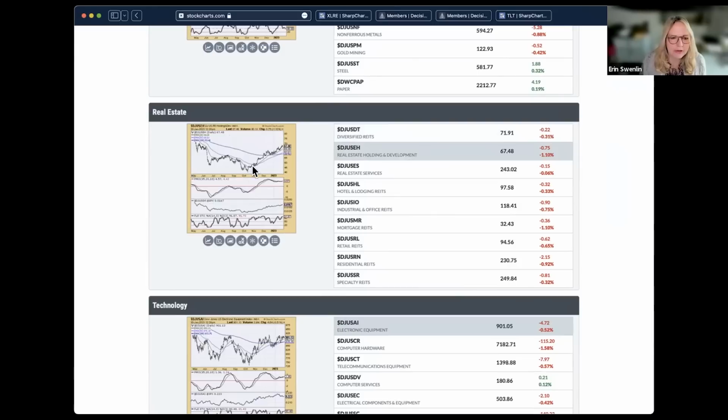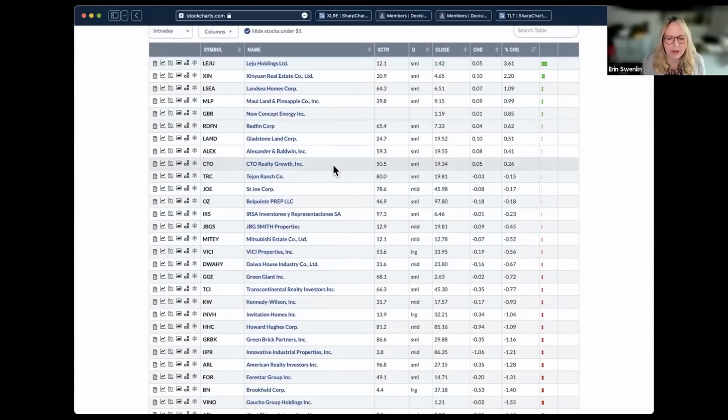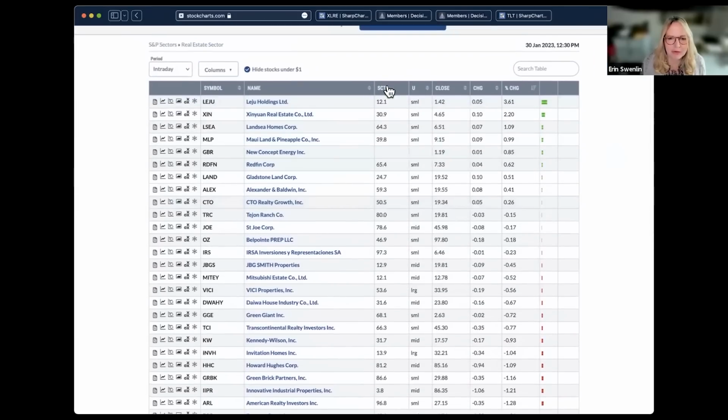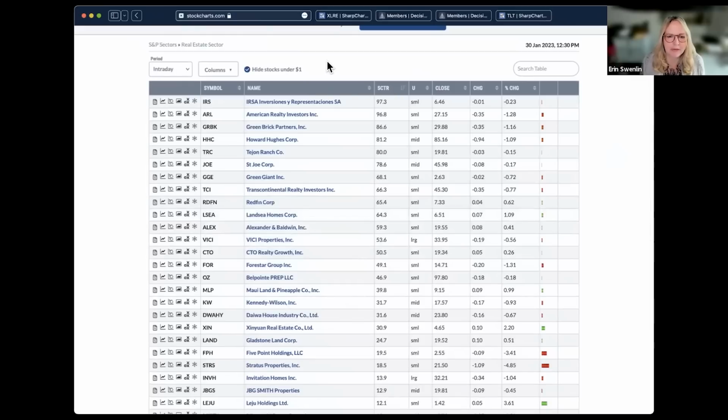Real estate holding looking good, very steady rise. So that looks like an industry group I might be interested in finding stocks in. If you click here, that is going to give you all of the stocks within that particular group as sorted by StockCharts data vendors.